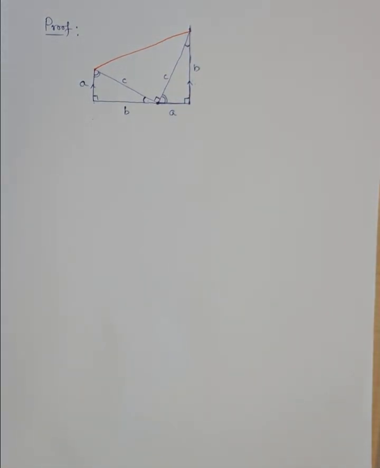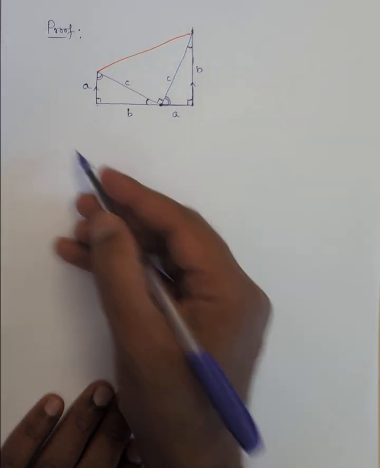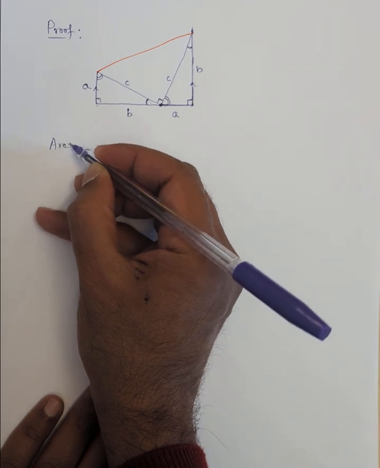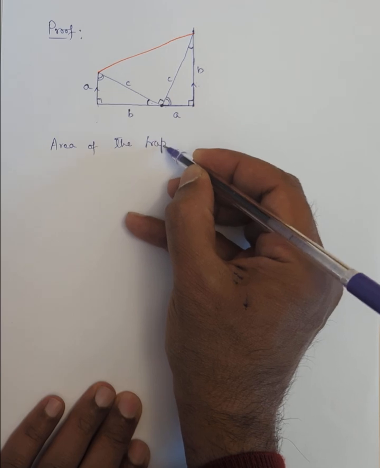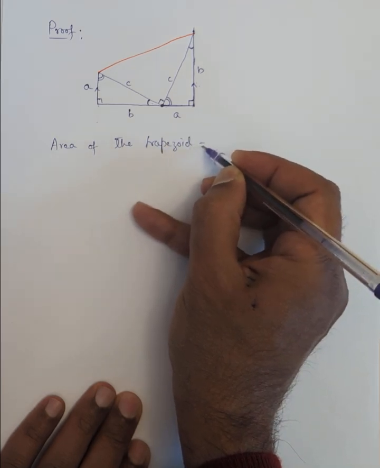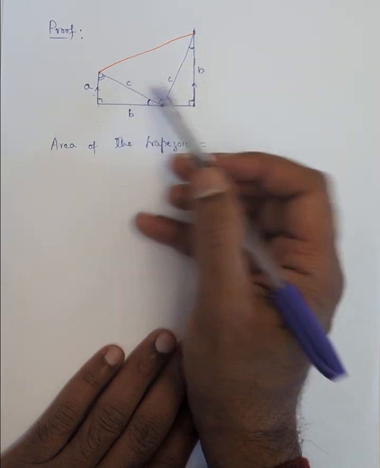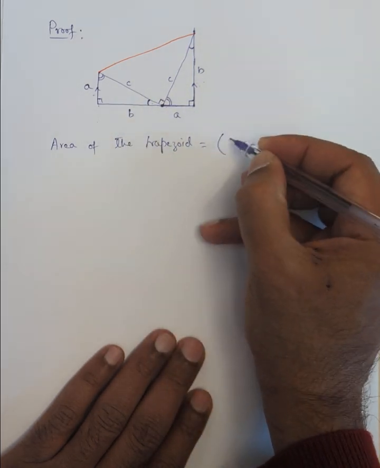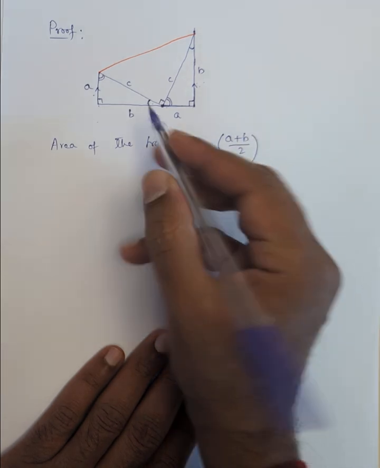Let's write the area of the trapezoid. We will use the formula first. So what does the formula say? The bases are A and B, so you take their average, A plus B divided by 2.